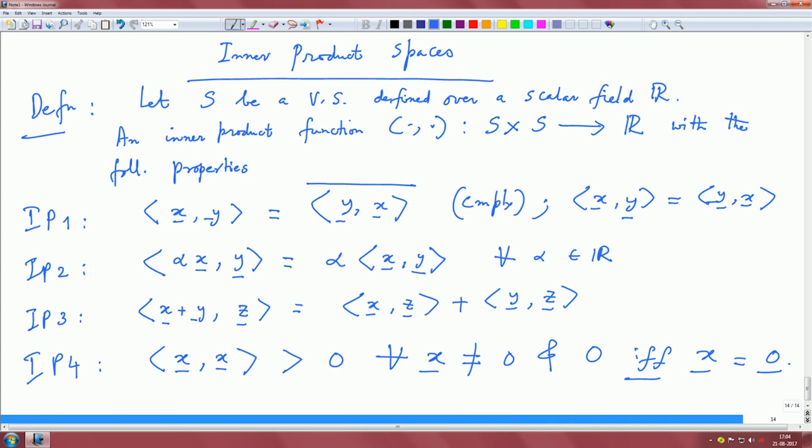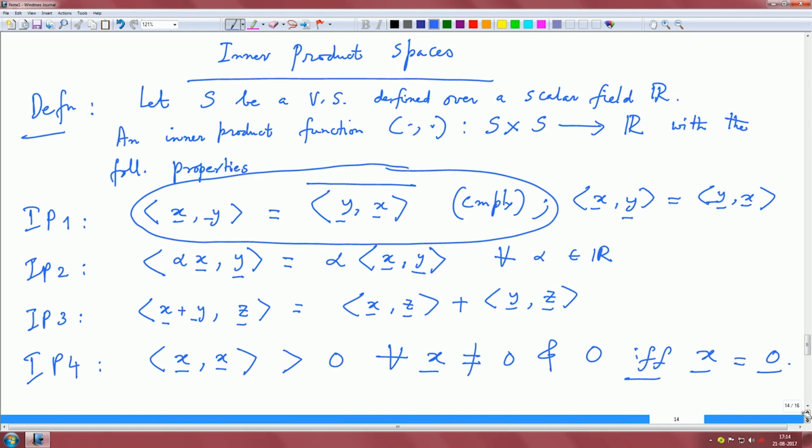It has to satisfy all these properties. It has to be noted that in this definition we are considering the inner product function as a function operating over the Cartesian product of this vector space to the set of all real numbers. When I gave property IP1, saying that the inner product of x, y is y, x conjugated, this is for complex.